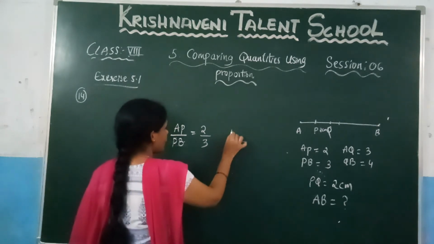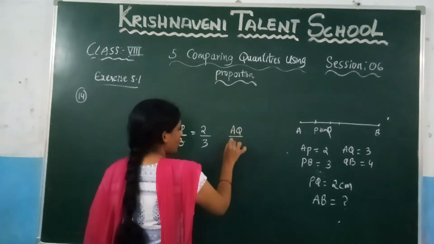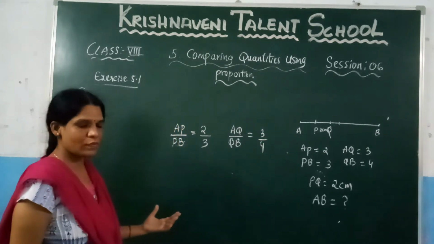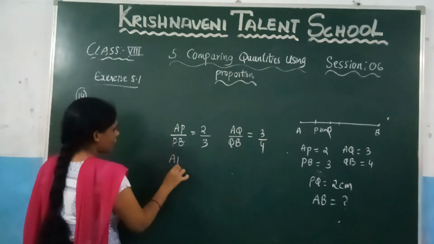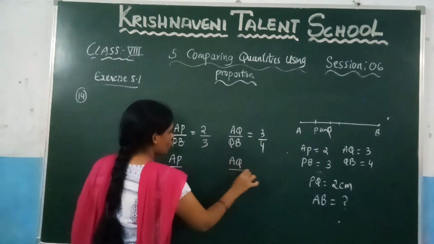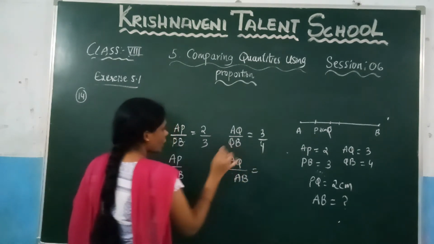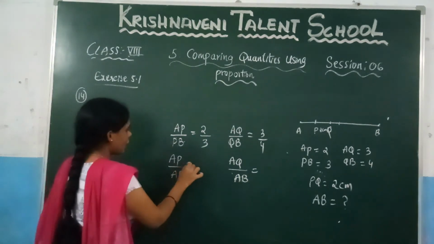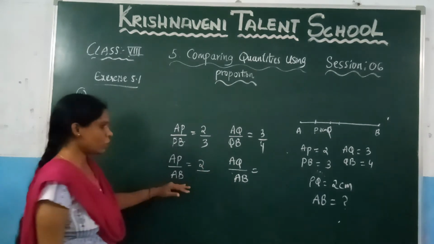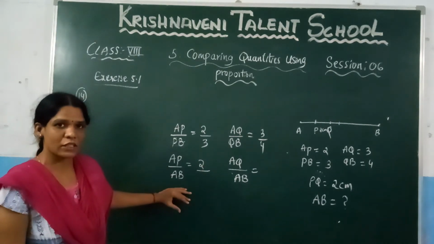Similarly, they have given here Q divides AB in the ratio of 3:4. Now let us take here AP by AB, and similarly consider here AQ by AB. If you want to find AP by AB, here AP length we know which is 2. But we don't know what is the length of AB.